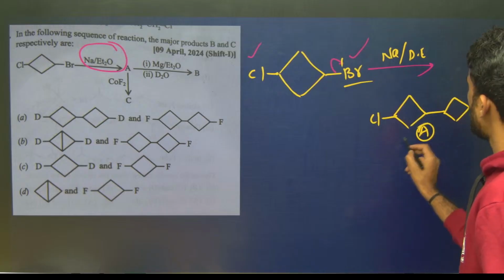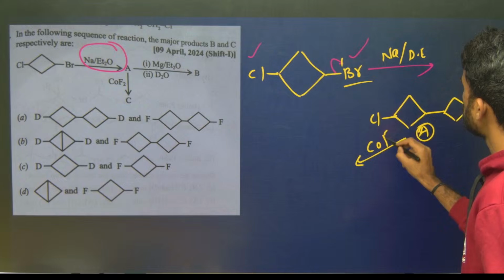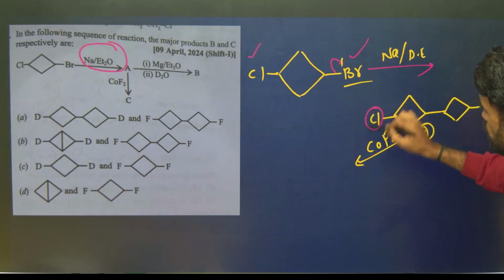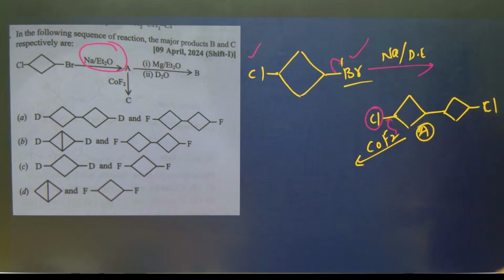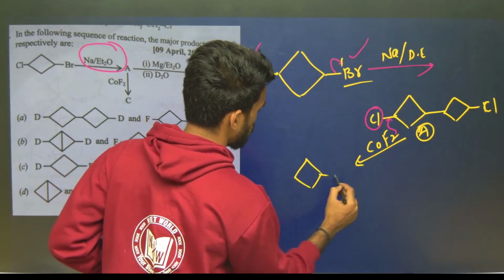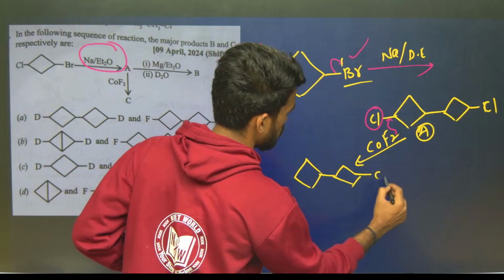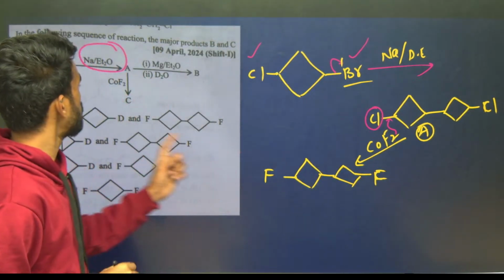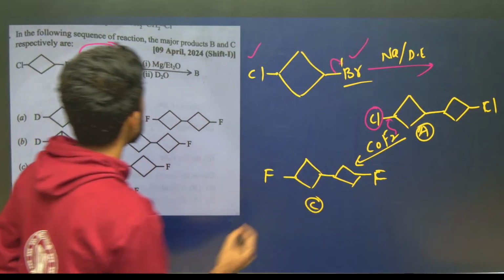Now to this A, if I add CoF2, cobalt difluoride, halogen exchange takes place. The chloride comes out and fluorine goes in, in both cases, this side and that side, so that we will have a product like this, and this is our C, okay, and what is our B here?